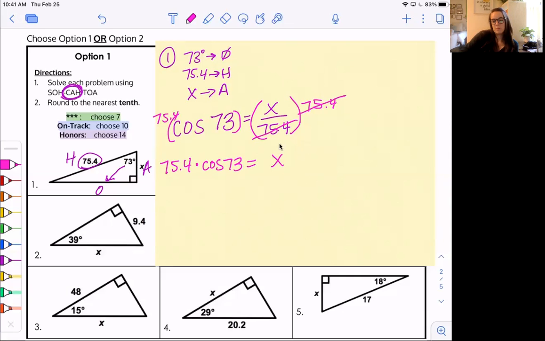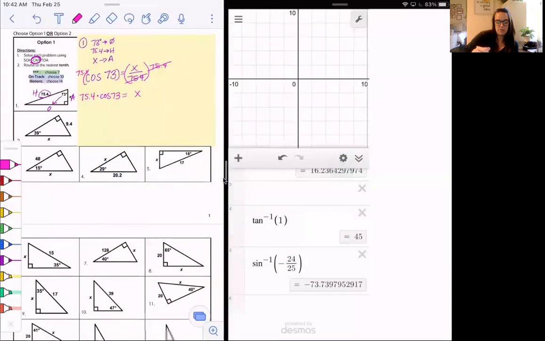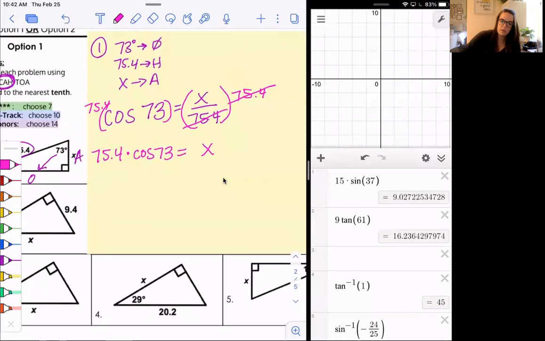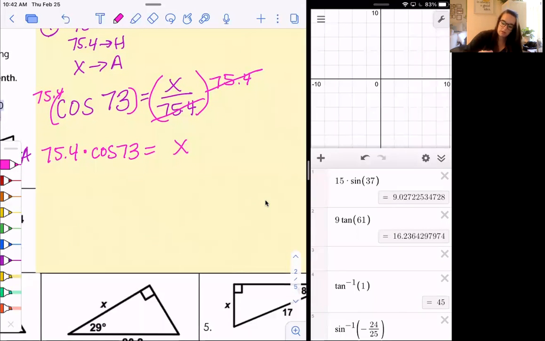Once I have my X by itself, that's when I go to my calculator, because on the other side I just have numbers that I can type in as decimals.